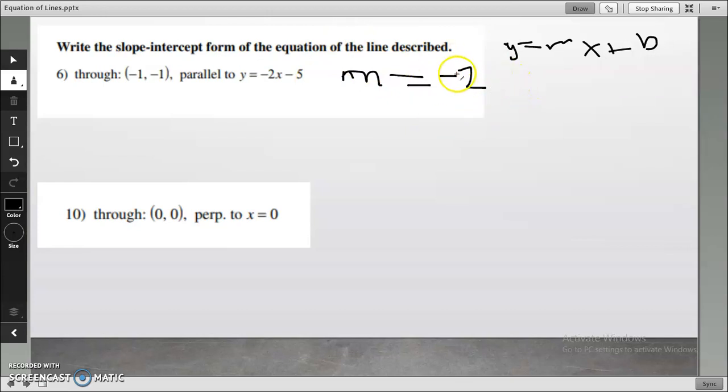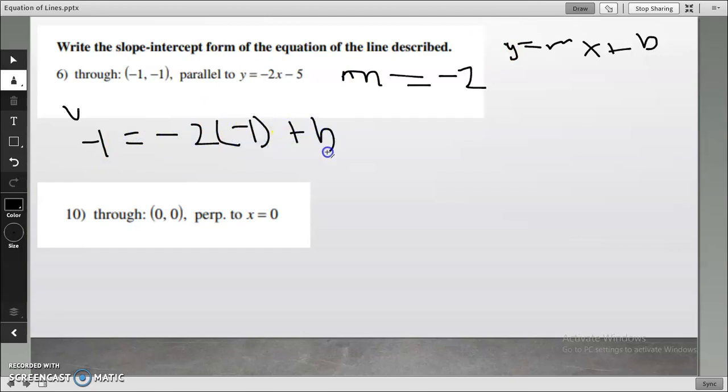So I need to take this and use it for this line here to find out what my b is. Again, there's two ways we can do that. Actually, I'm going to plug in what I have. So this is my x and this is my y. So it's -1, plugging it into this formula, equals -2 times -1 plus b.